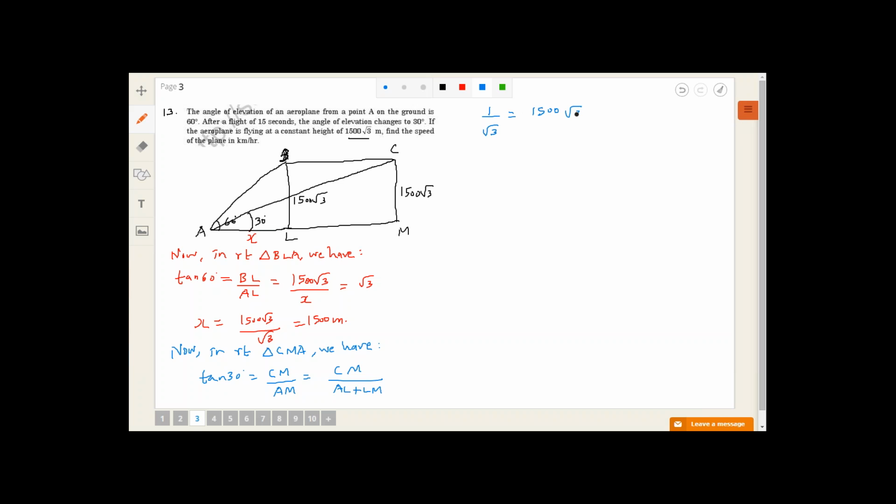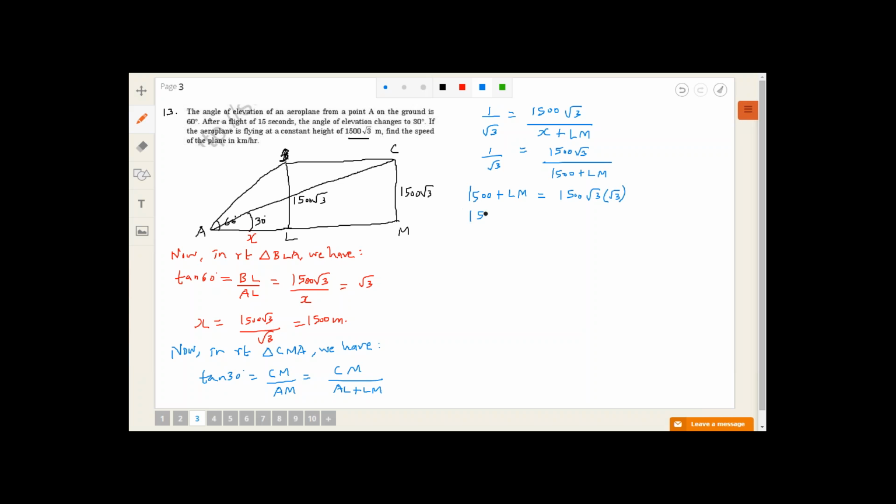So this will be 1500 root 3 divided by AL, which is nothing but x plus LM. So 1 by root 3 is equal to 1500 root 3 by 1500 plus LM, or 1500 plus LM is equal to 1500 root 3 into root 3.